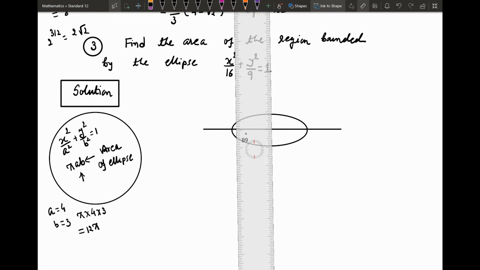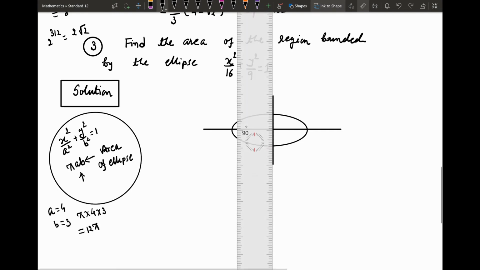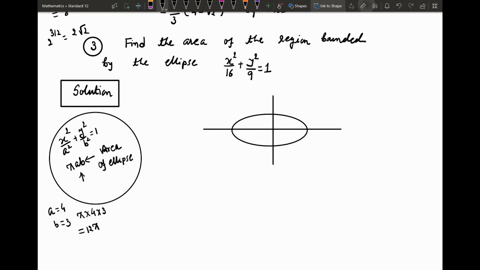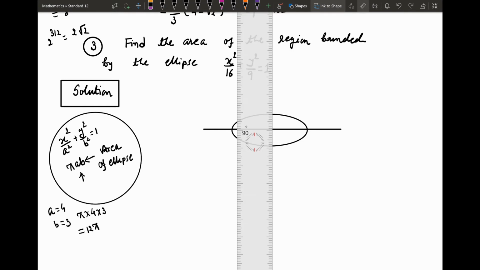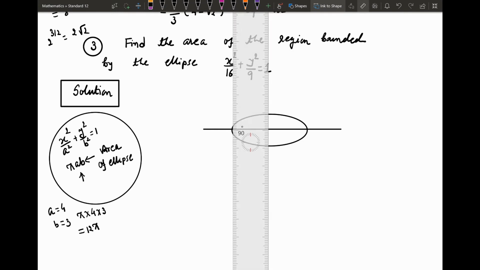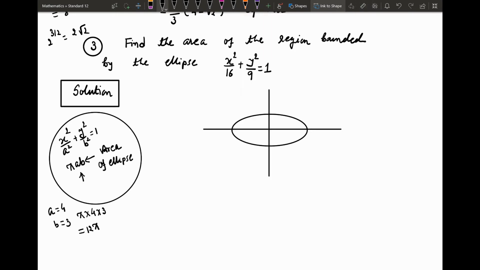First you check that the bounded region is symmetric about both the axes.